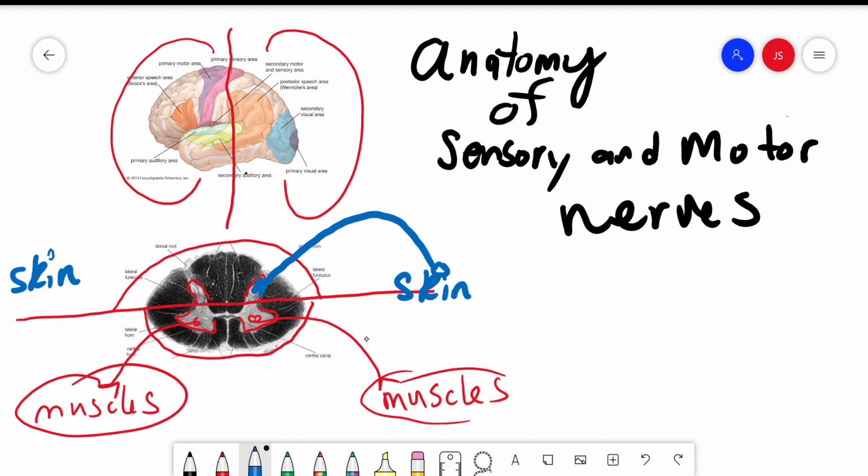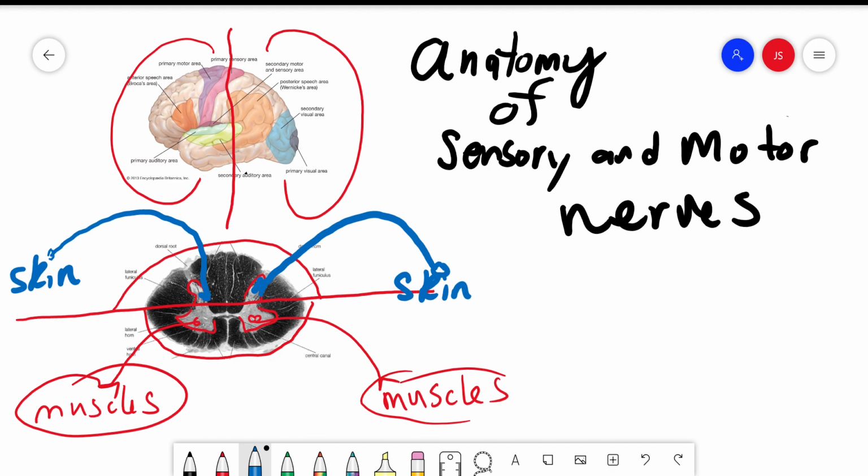We send a signal in to the dorsal horn, where we have the synapsing of sensation. So sensation, the sensory nerves are synapsing on the back, the dorsal horn of the spinal cord. And the motor neurons are in the ventral horns, or the front of the spinal cord.